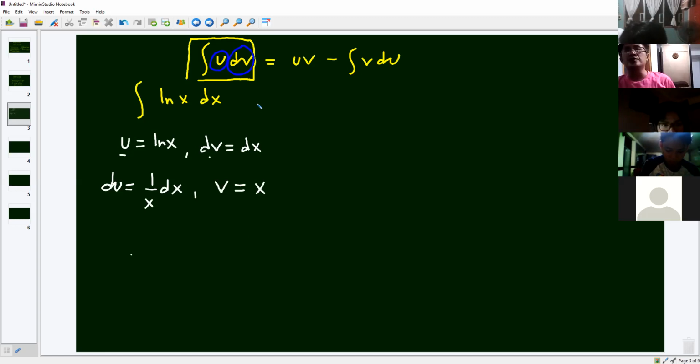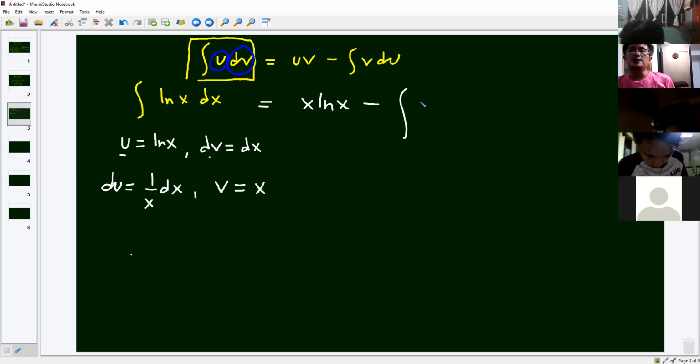So what we will do is just follow the formula for by parts. We already have u and v. So, x ln x minus, then v du. So v is x, du is this, copy again, 1 over x dx. You see that?